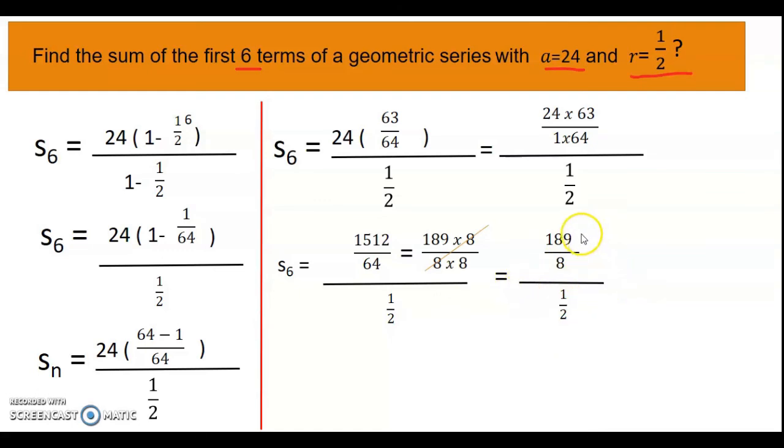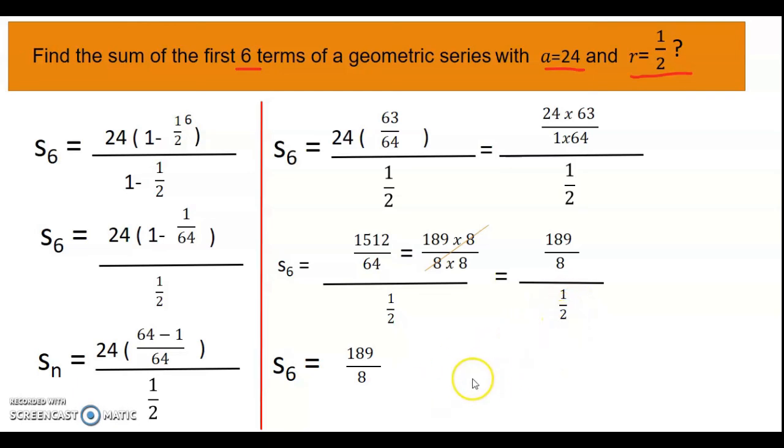Now, as you notice here, these are both fractions, so we will apply division of fractions. As you remember how to divide fractions, we have to follow the rule: copy the first fraction and flip the second fraction to get the reciprocal. So here, our s sub 6 is equal to 189 over 8. We copy our first fraction and we flip our second fraction.